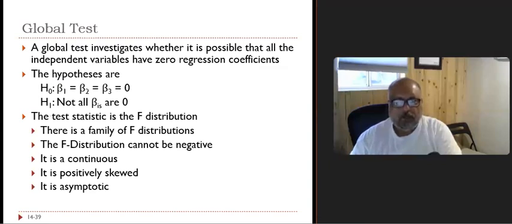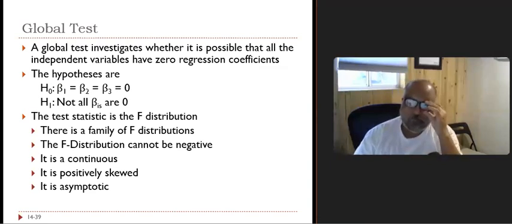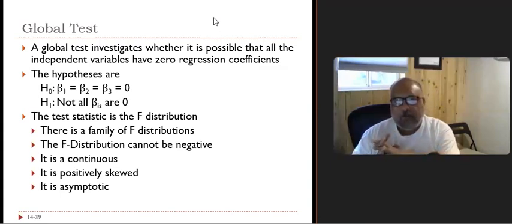Finally, we need to look at the global test. What is the global test? The global test estimates whether the independent variables collectively influence the dependent variable. The null hypothesis is that all the regression coefficients are zero.